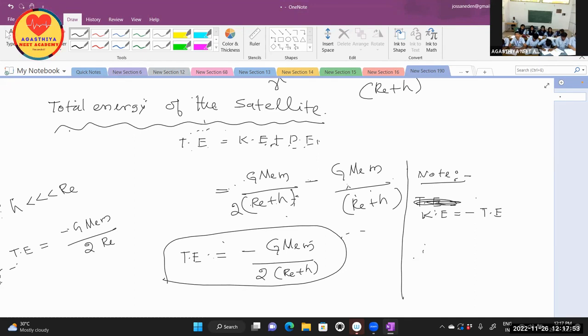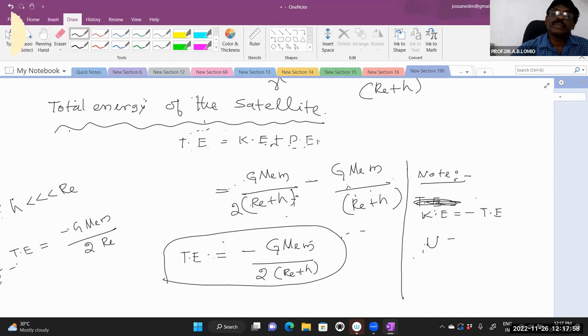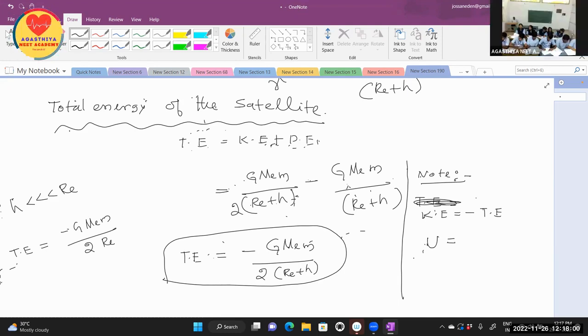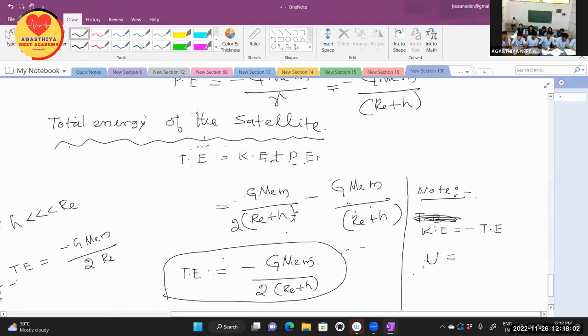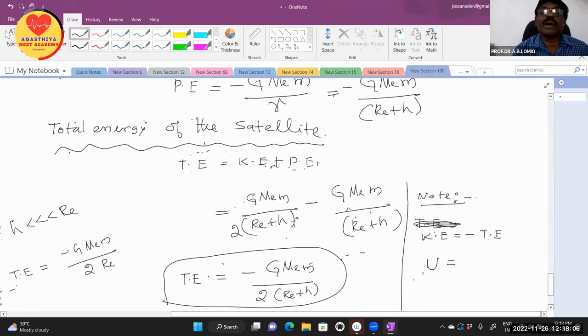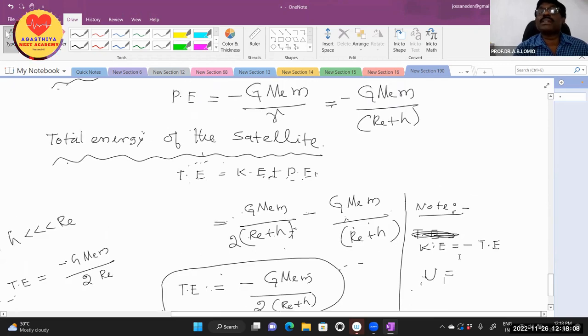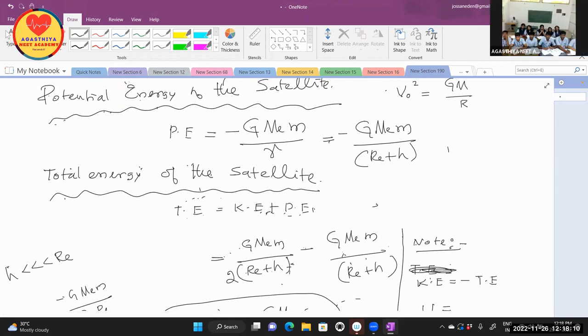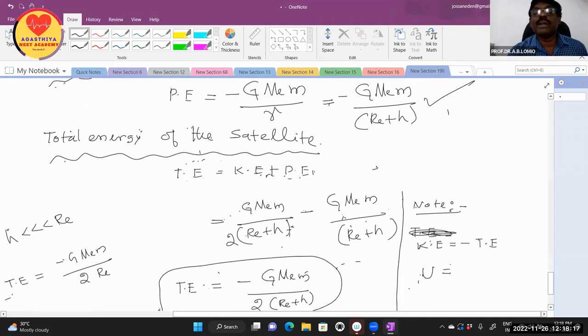And then what about potential energy? All of you listen here. So potential energy can be expressed in terms of total energy. This is the potential energy. When you divide this value by 2, it will be the total energy.